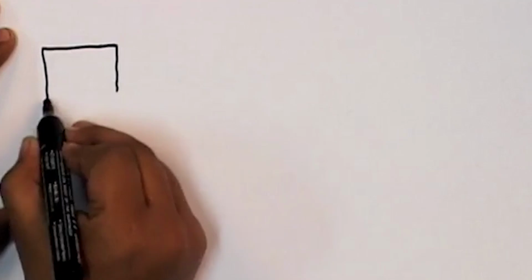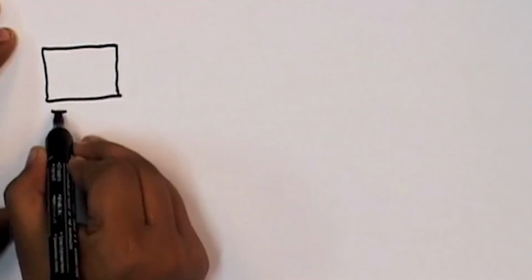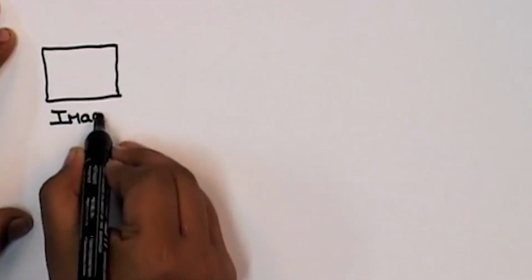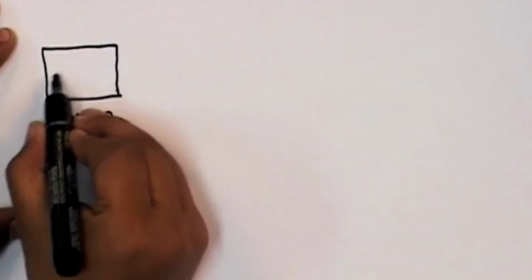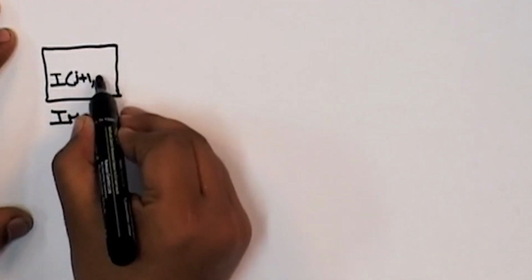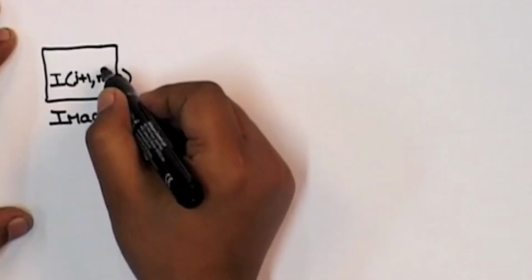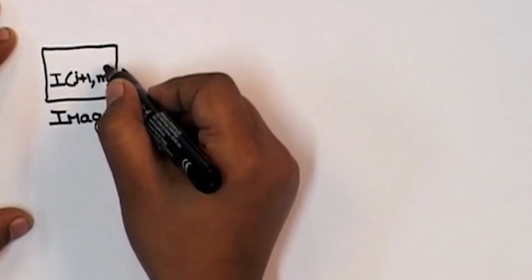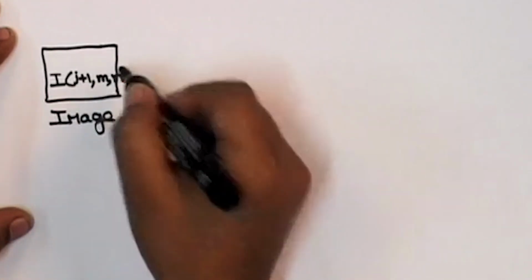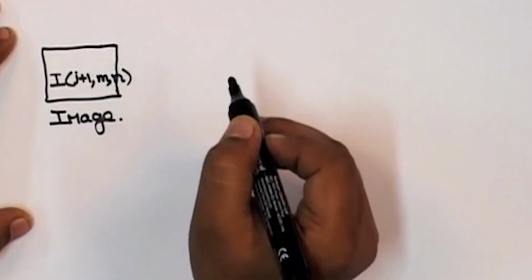For the sake of convenience, let us start with an image at scale say j+1. Let us represent this image by I j+1 of m and n, where m denotes the rows of the image and n denotes the columns of the image.